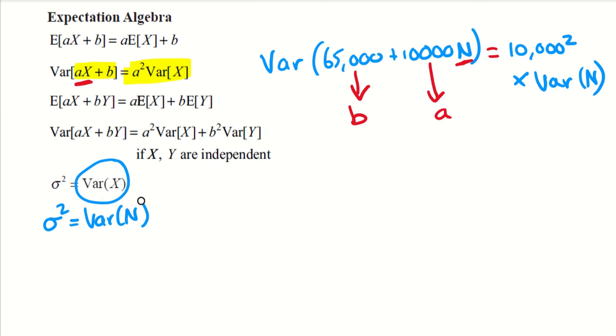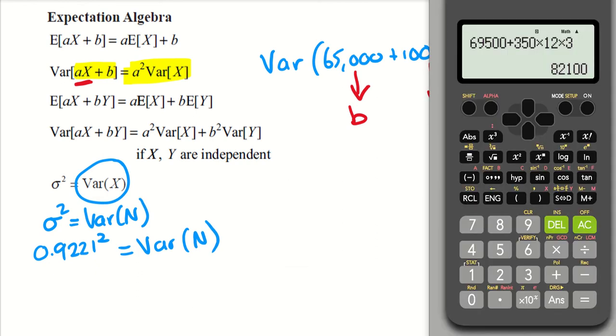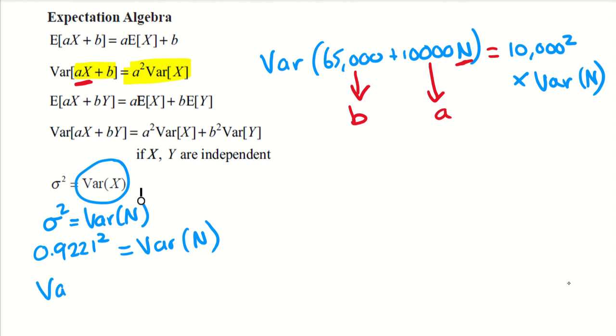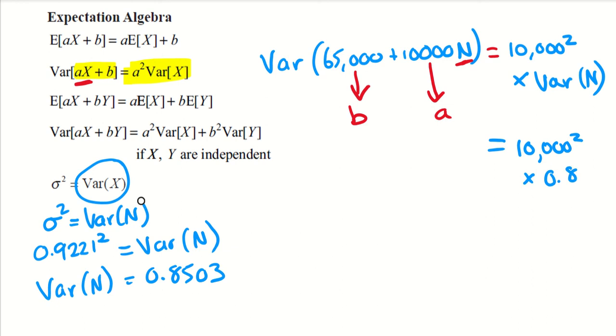I need to square 0.9221, so if I get my calculator, 0.9221 squared is 0.8503. So the variance of n is 0.8503. Now I can substitute that into this equation: 10,000 squared times 0.8503.